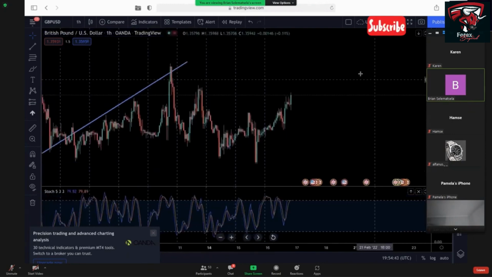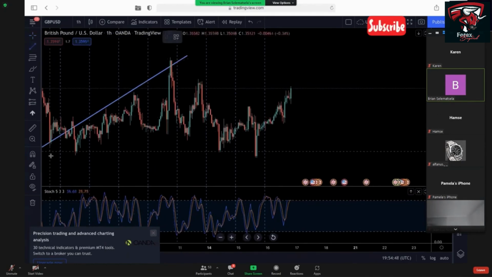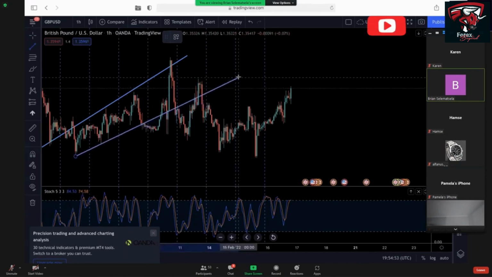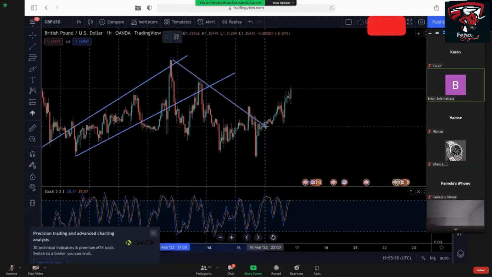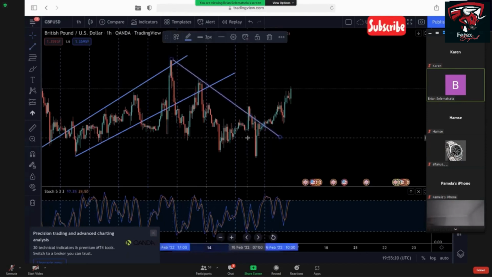On 1 minute, let's say for example you were on this one and you spotted this. I would say when this one broke, it was a forced breakout because it went in again. You could say it officially broke there, and after that it went down. If the divergence was spotted there, you could have taken it down. After that, this is what happened, and it just continued going up like this.